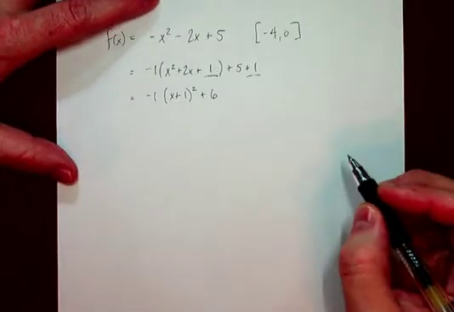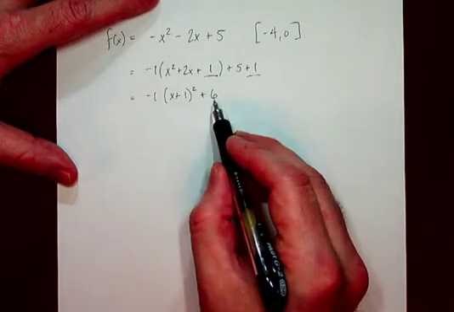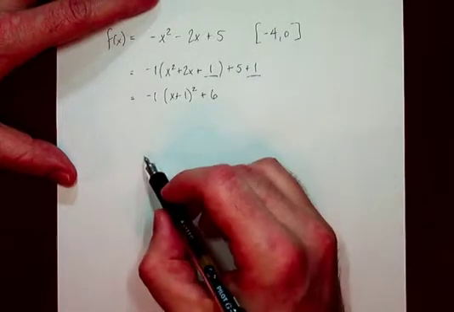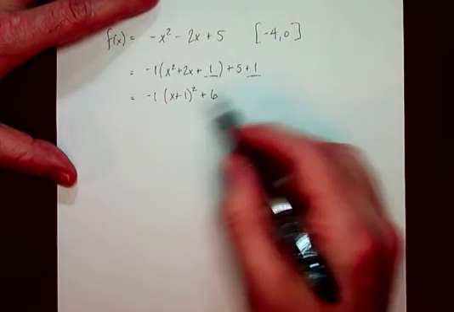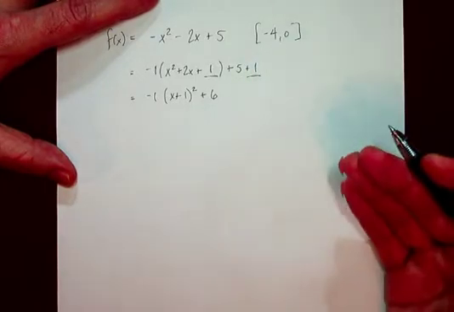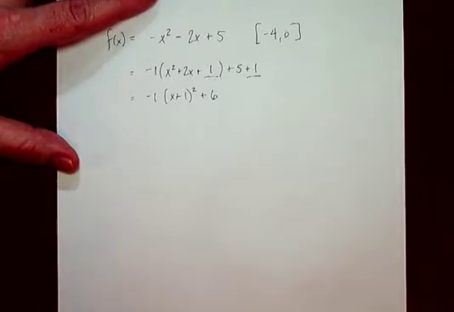So we know that the vertex is obviously at -1, 6. -1 is in this interval, so we're dealing with it where the parabola is at least partially, if not wholly, above the x-axis. So we're thinking that we're probably going to get a positive area and therefore a positive average function value.